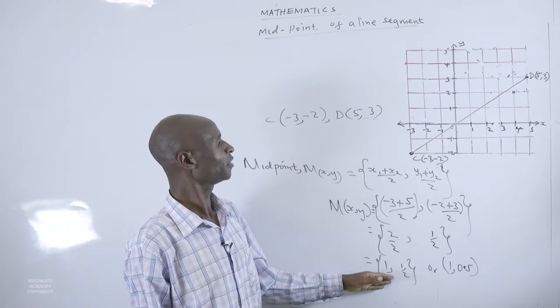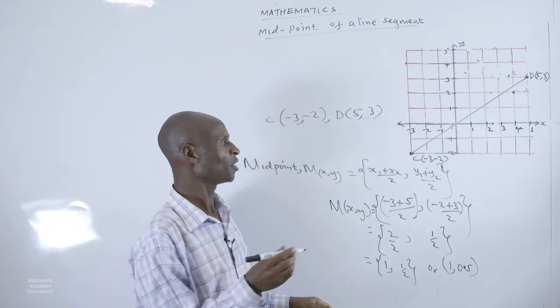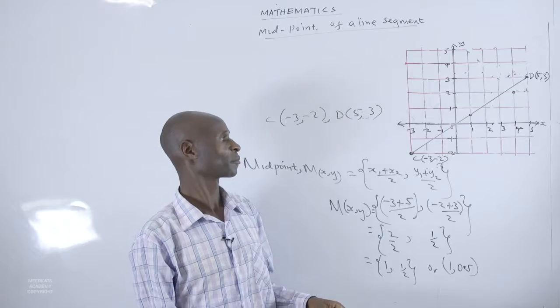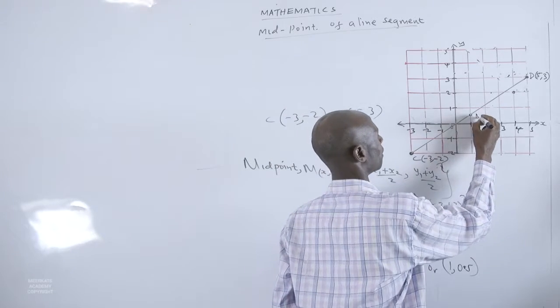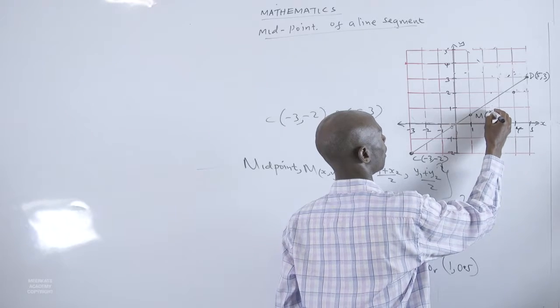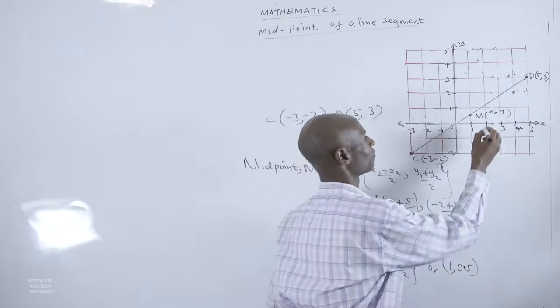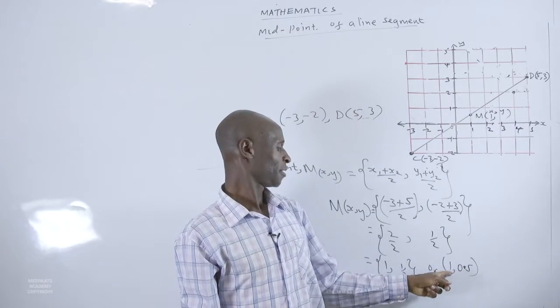So in that straight line, you will find that the midpoint of that line will be here, where the x-coordinate is 1 and the y-coordinate is a half.